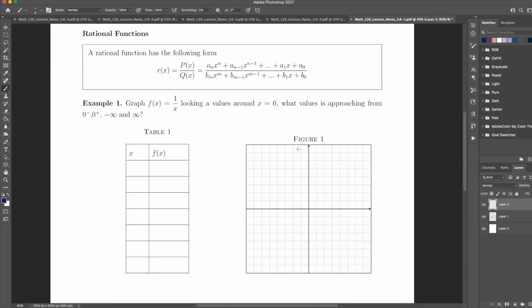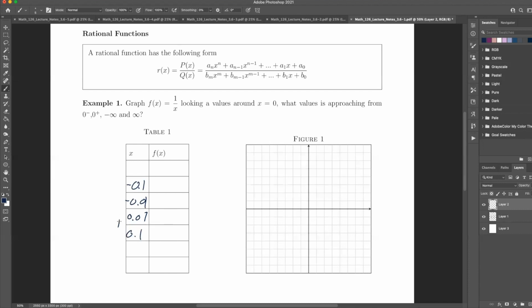All right, so I'm going to choose a couple points. So we want to look as it gets close to 0. So here, let's have negative 0.1, and then negative 0.01, and then positive 0.01, and then 0.1.